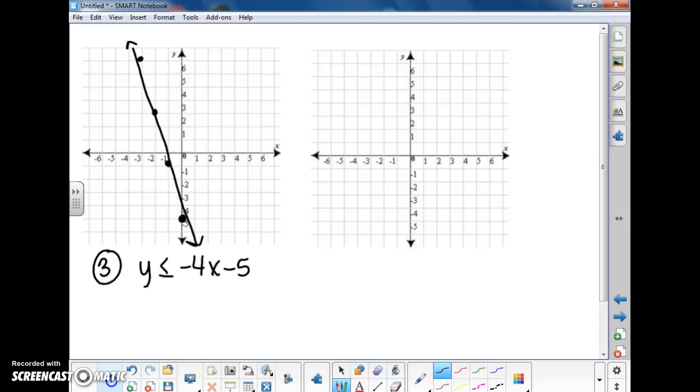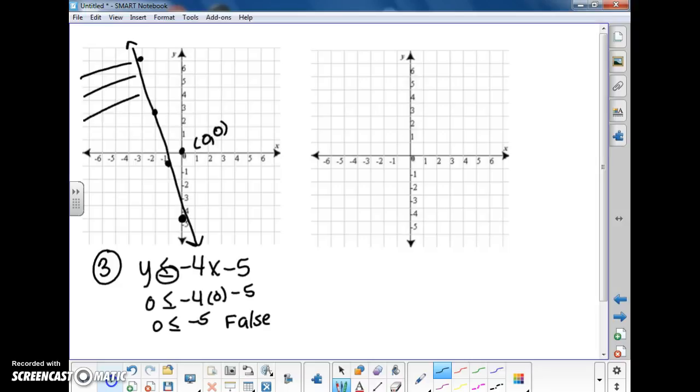It will stay a solid line because it's less than or equal to. I'll use 0, 0 as my test point to decide which side to shade. That is a false statement. 0 is not less than negative 5. So I will not shade on the side that contains 0, 0.